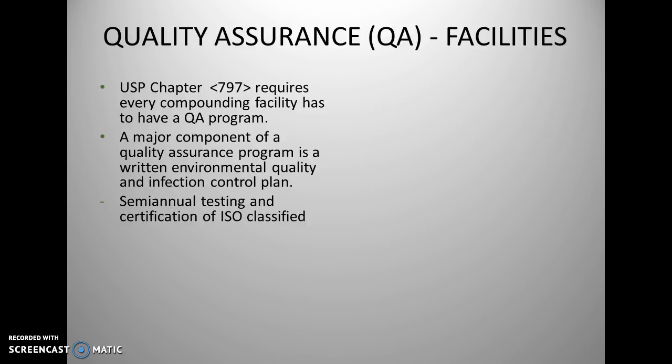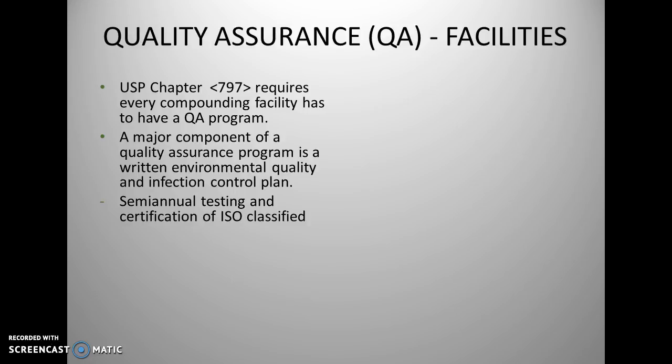Okay, so a major component of the quality assurance program is, again, having a written environmental quality and pollution control plan, and not only having it written, but also making sure that it's being implemented on a daily basis. Remember, we talked about the different types of cleaning: the area which is contiguous to and within the compounding area must be cleaned on a daily basis at the beginning of work.